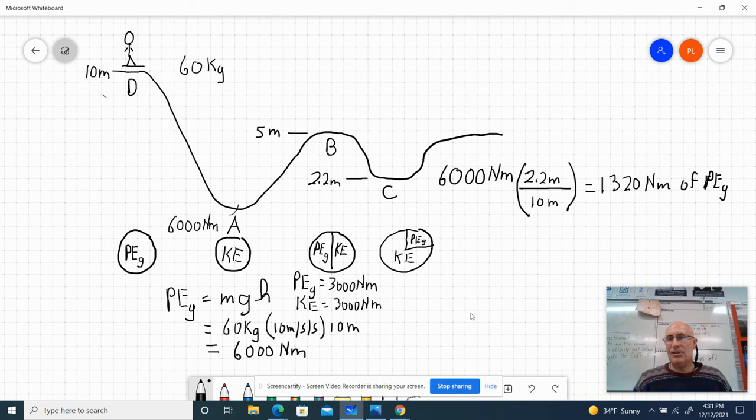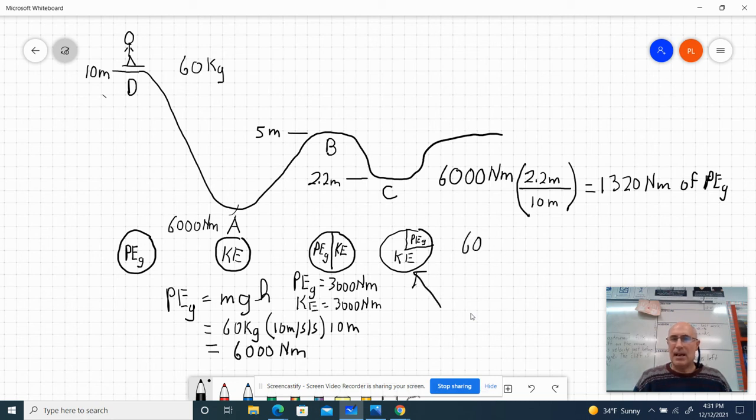Now, how much kinetic energy is going to be there? Well, I started with 6,000 Newton meters of potential energy. Now there's 1,320 left. The rest of it has gone into the speed of the skateboarder. The rest is kinetic energy. We can see that in our pie that the rest is kinetic energy.